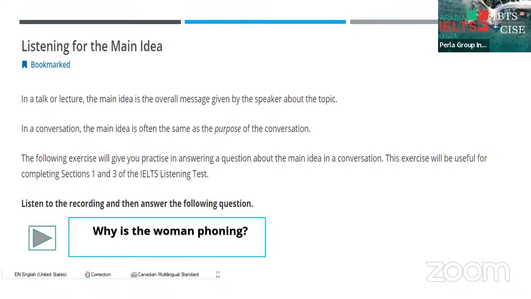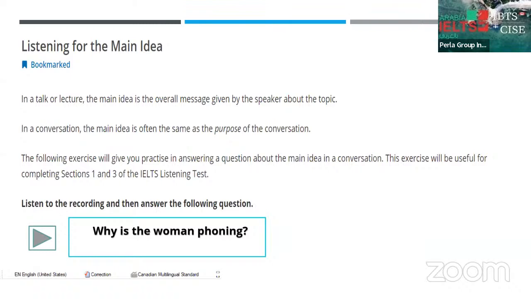Here is just an example. This exercise we will do together, okay? And you need to listen to the main idea. So it's a phone conversation, okay? And as we said, since it's a conversation, it's about section 1 and section 3, right?